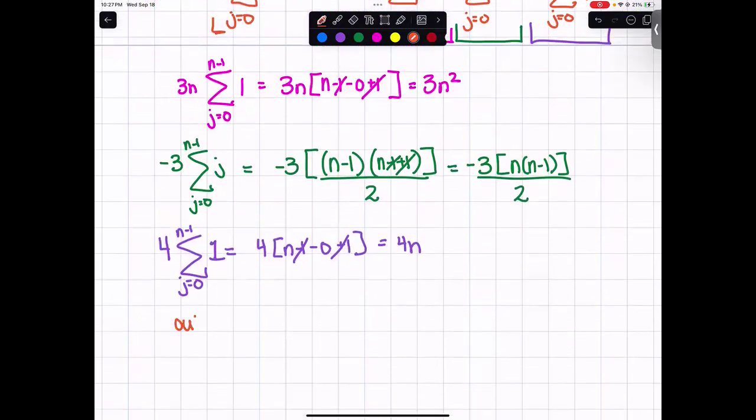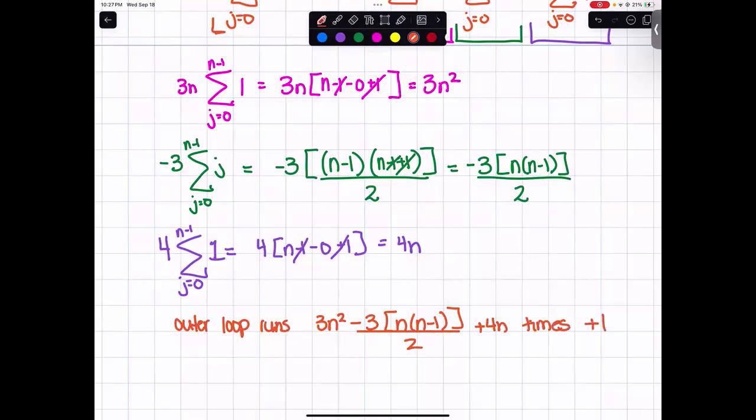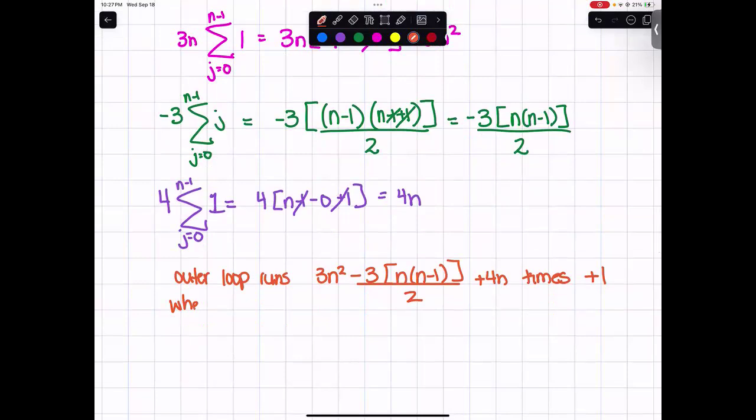So the outer loop runs 3n squared minus 3n times n minus 1 over 2 plus 4n, plus 1 when line 3 is false.